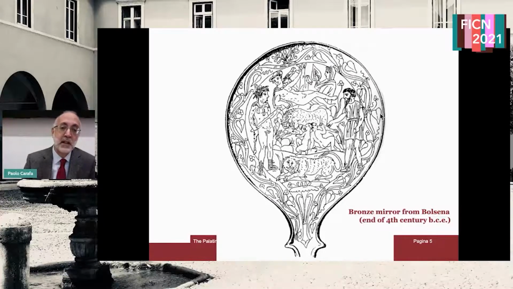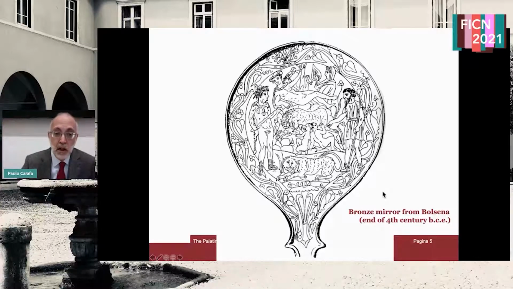In this slide, you can see the back of a bronze object that can be dated back to the end of the 4th century BC.